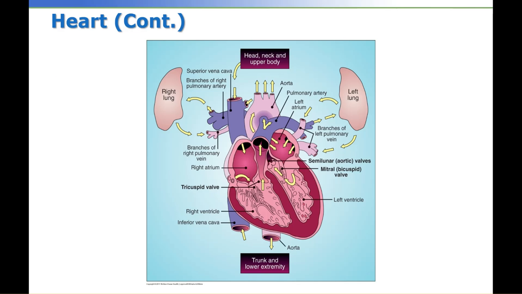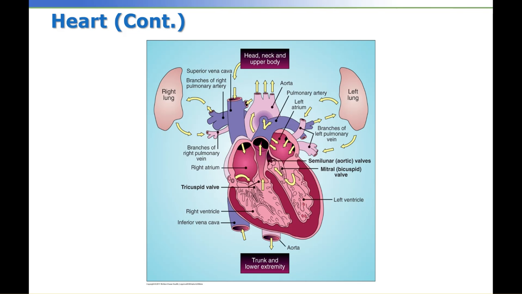You have the heart here, and basically the deoxygenated blood from the tissues comes up from the trunk and lower extremity into the inferior vena cava, or from the head, neck, and upper body into the superior vena cava, into the right atrium.